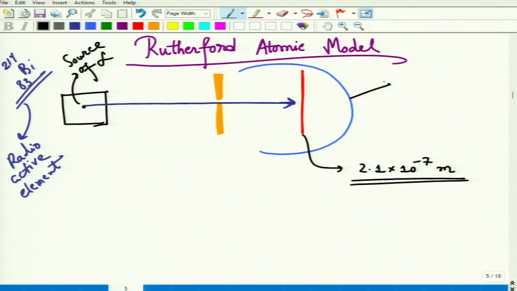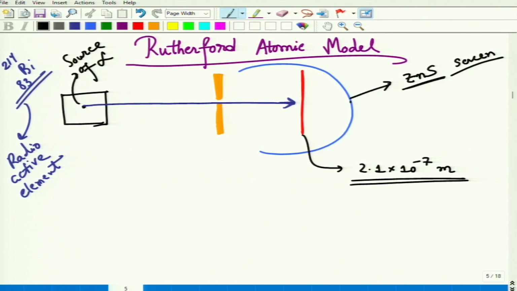And this is the detector, the ZnS screen, zinc sulfide screen. When an alpha particle hits this screen, there will be a spot by which we can say that the alpha particle is interacting at that point.